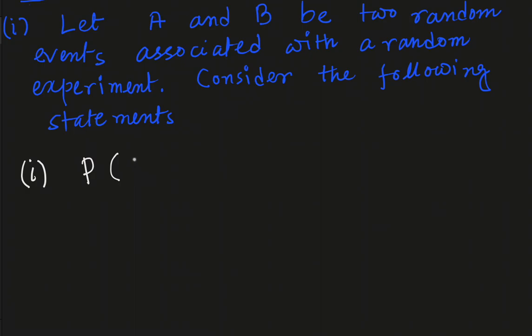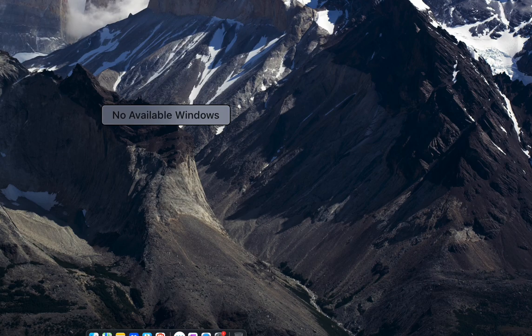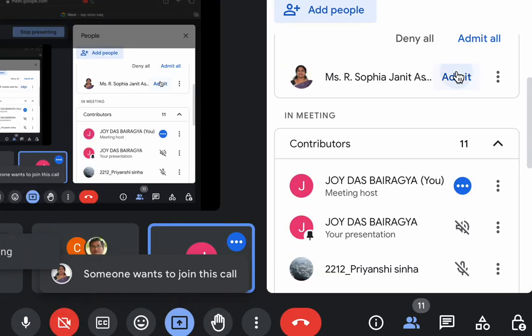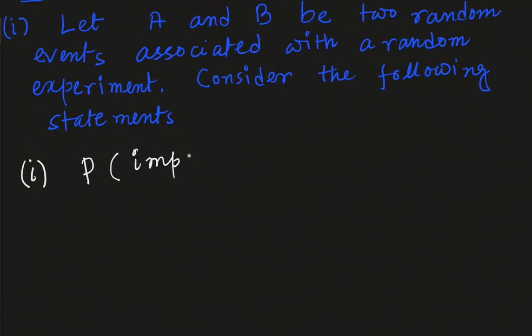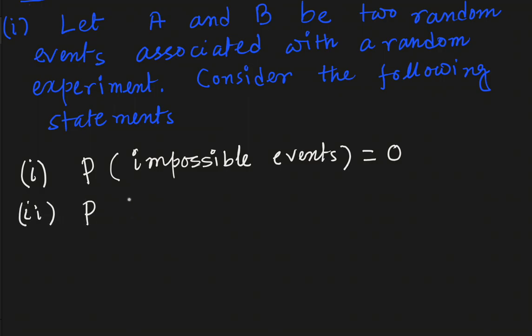First, P of impossible events equals 0. Second, probability of A union A complement is 1.